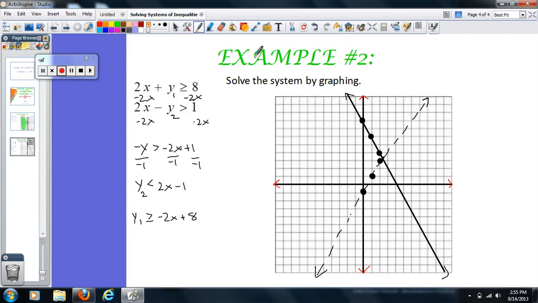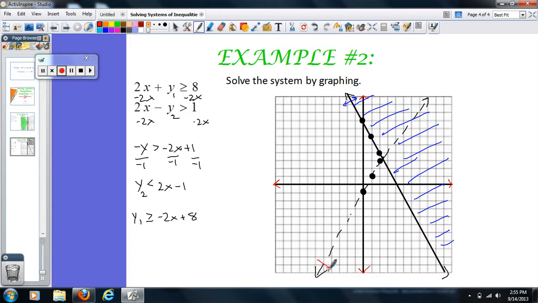And now we're going to go ahead and start by shading the regions. So the solid line is greater than or equal to, so I'm going to be shading this region right here. Now if you're able to do this without shading both regions, by all means, I personally think that's easier, but sometimes it gets confusing to students.